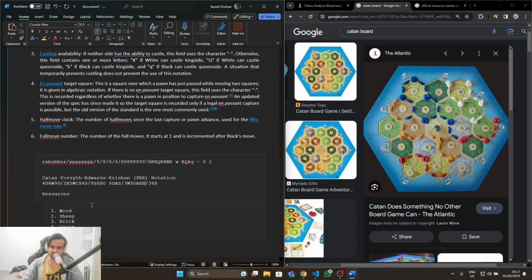So it should be fine. And the 11 wood. Yes. And we have the 3 grain and the 6 grain and 11 ore. So right now we have completely identified every tile and every resource on the board.